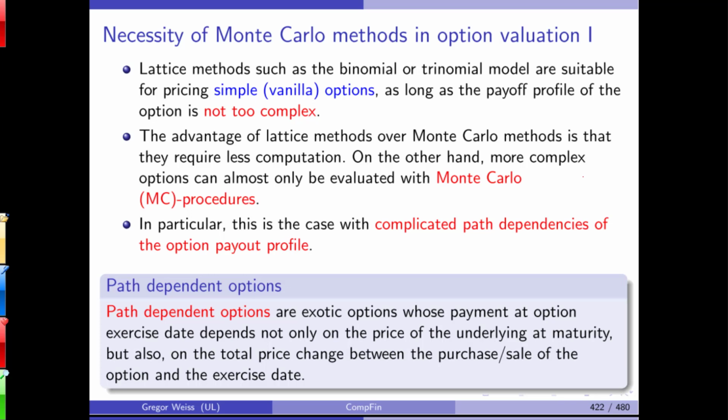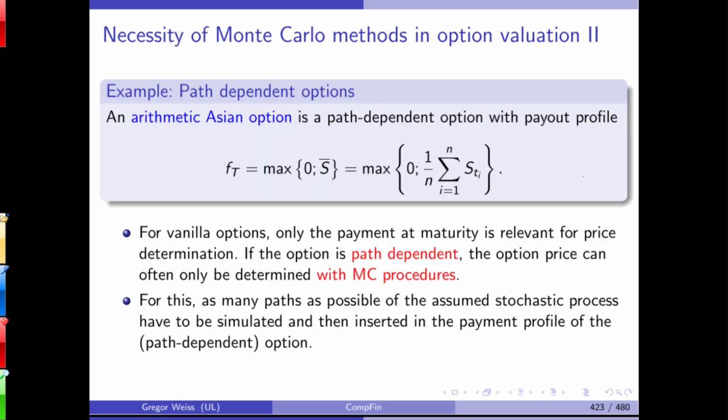Monte Carlo procedures only come into play as soon as you have what we call path-dependent options. Path-dependent options are options whose payout profiles not only depend on the terminal value of the stock, or the underlying, but on a set of underlying prices in between. I've given you one of the easiest examples here. That's an arithmetic Asian option. The payout profile is what?